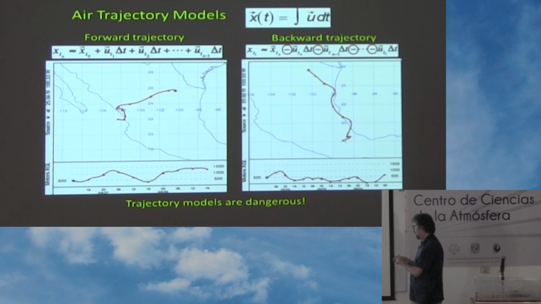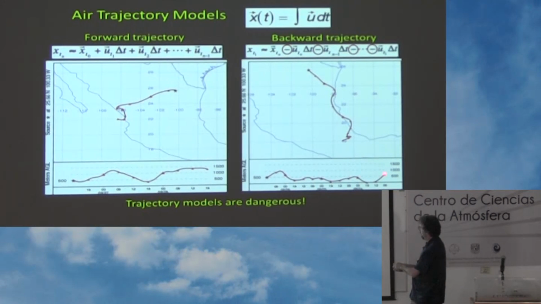So here is a backward trajectory for Monterrey, and it shows that on this particular day, the air that was sampled, or the air that existed in Monterrey, came in this direction along that path. Okay, and this is again the vertical component. So this horizontal coordinate here in southern Mexico corresponds to this point.